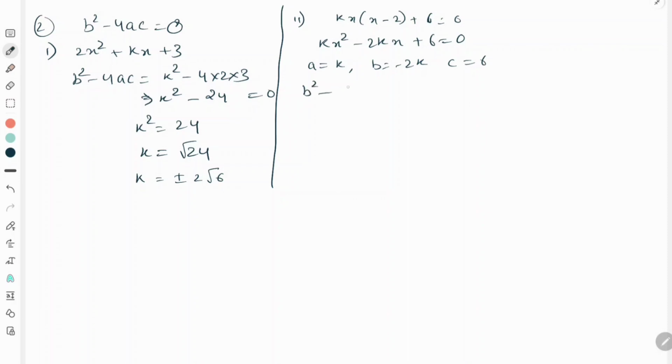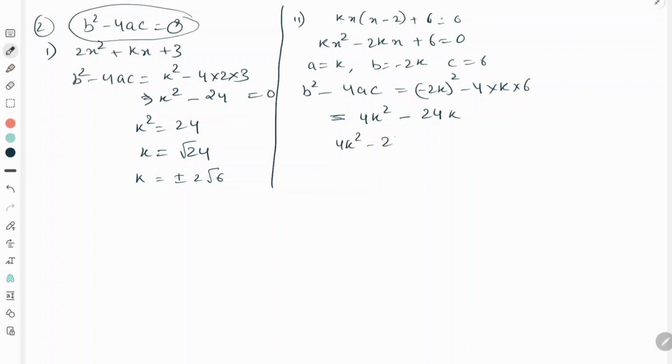So let's find out the value of b square minus 4ac. It is minus 2k square minus 4 multiplied by a multiplied by c. We have 4k square minus 24k, and as we already know that b square minus 4ac is equal to 0, we can write it as this.